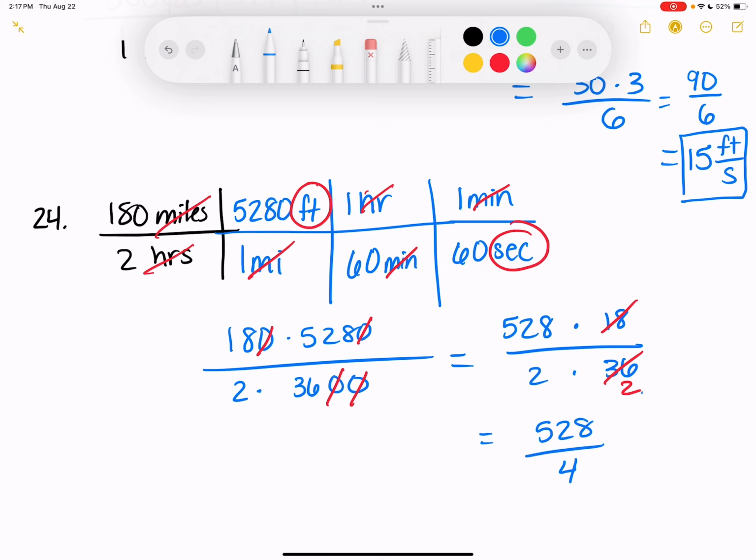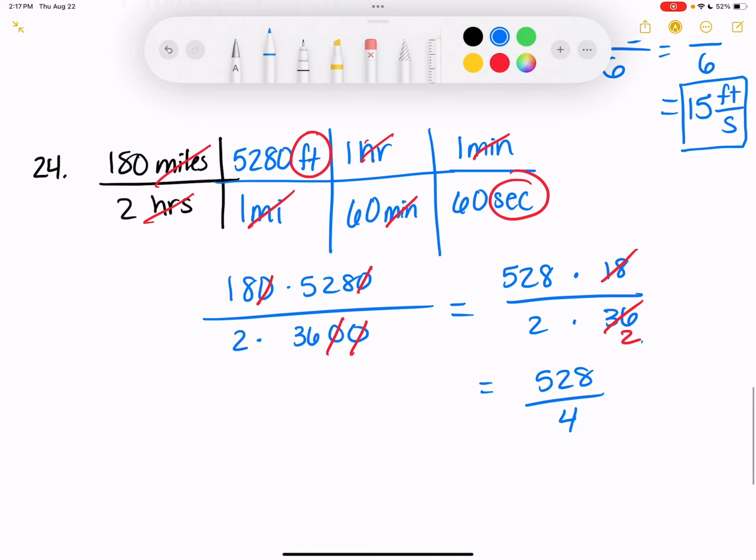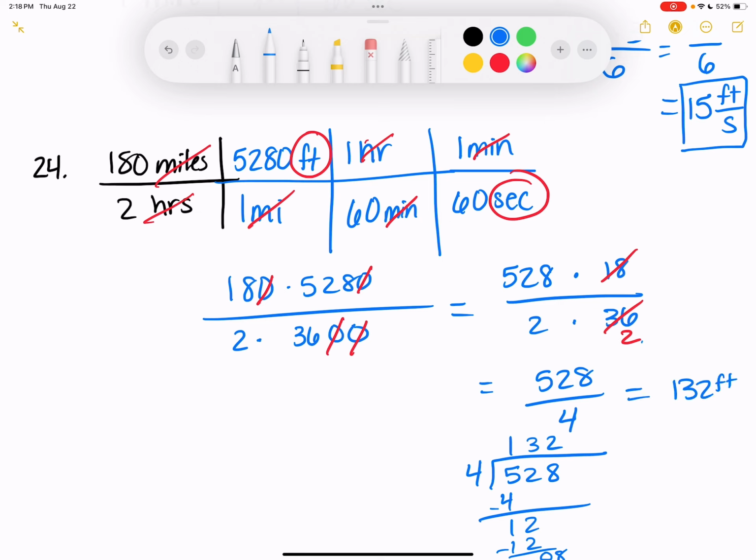And then I just have to go through and do that, which I would just do with general division. So 1, 4, subtract 1. So that's equal to 132 feet per second.